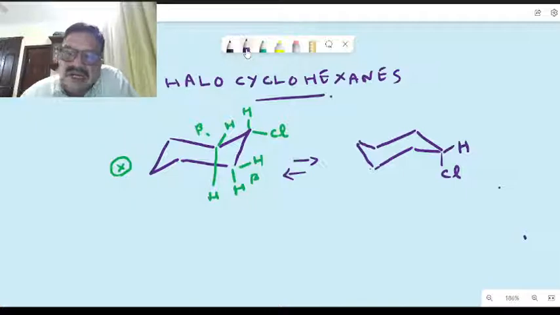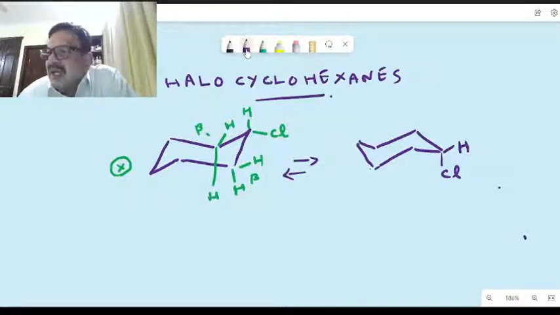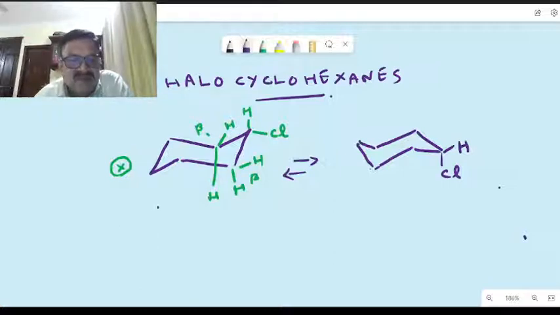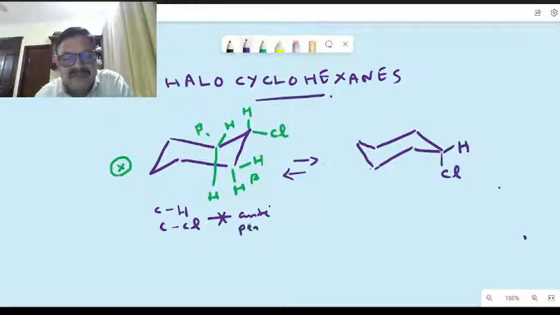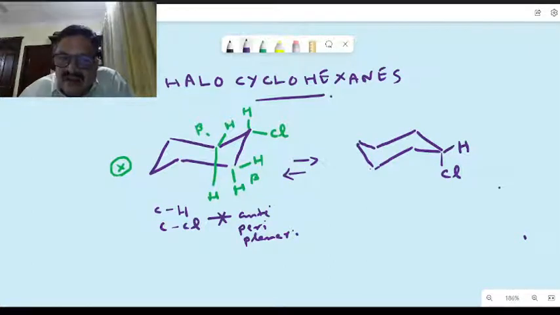In conformation X, the beta C-H bond and the C-Cl bond are not in the anti-periplanar position.